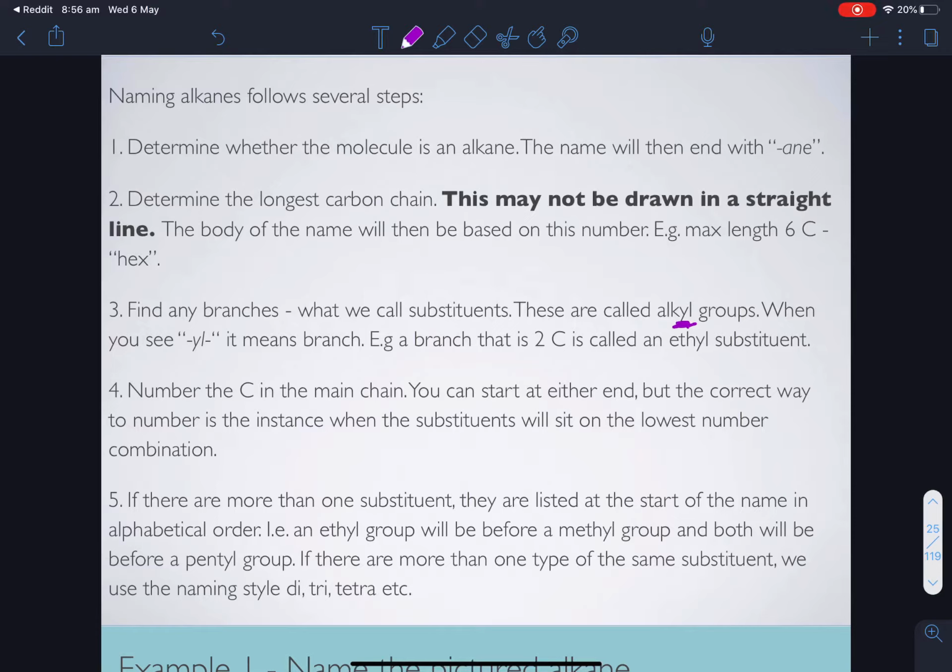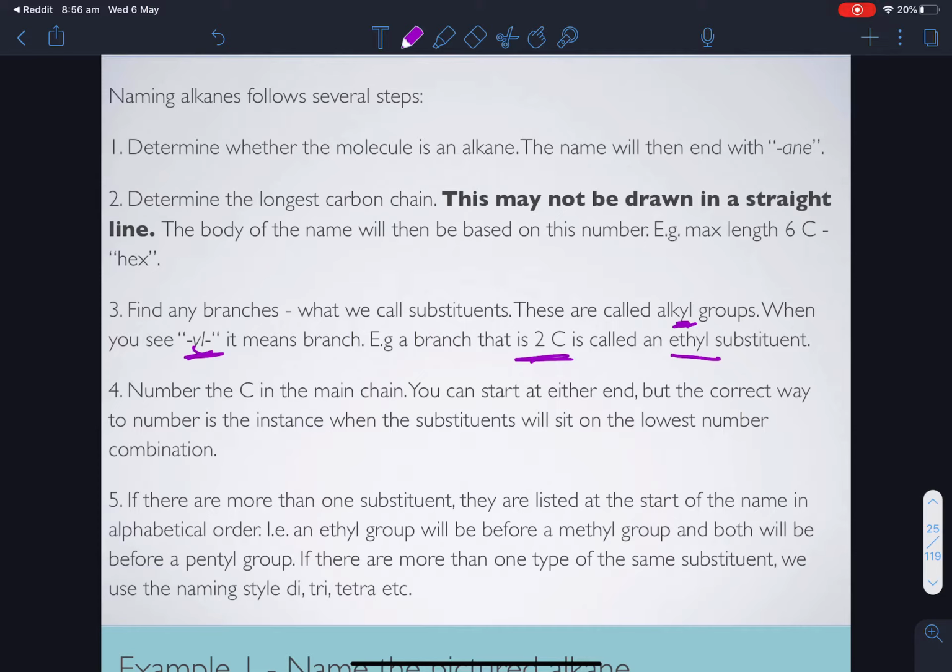Yl in this naming means branch. So when you see a yl in the middle of the name, it means branch. For example, the branch that is 2 carbons long is called ethyl. Okay? If you see ethyl octane, you know that you've got octane, 8 carbons long, with a branch on there. Ethyl means a 2-carbon branch.